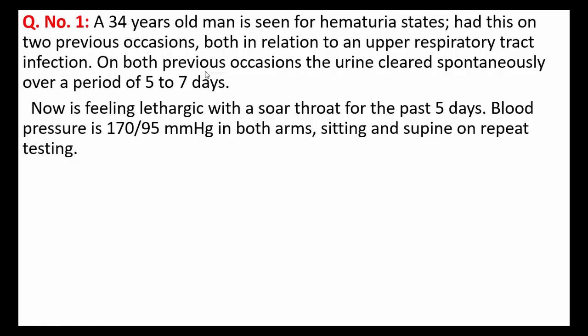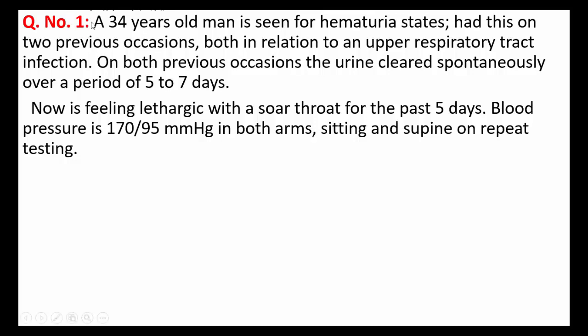The patient will complain of an upper respiratory tract infection, and following the infection or during the infection there will be hematuria, and here the person is complaining over a period of 5 to 7 days.